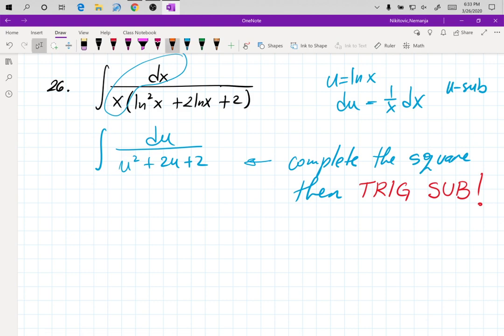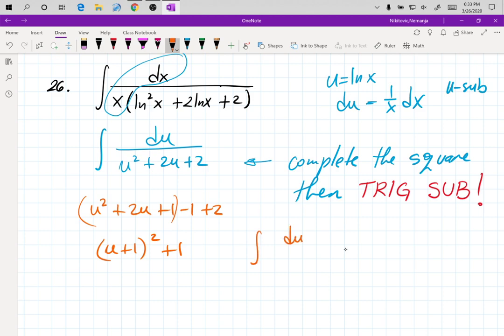If you forgot completing the square, you take half of b and you square it and you add and subtract. So it would be u squared plus 2u plus 1 minus 1, and then you have plus 2. So these three would give you u plus 1 squared plus 1.